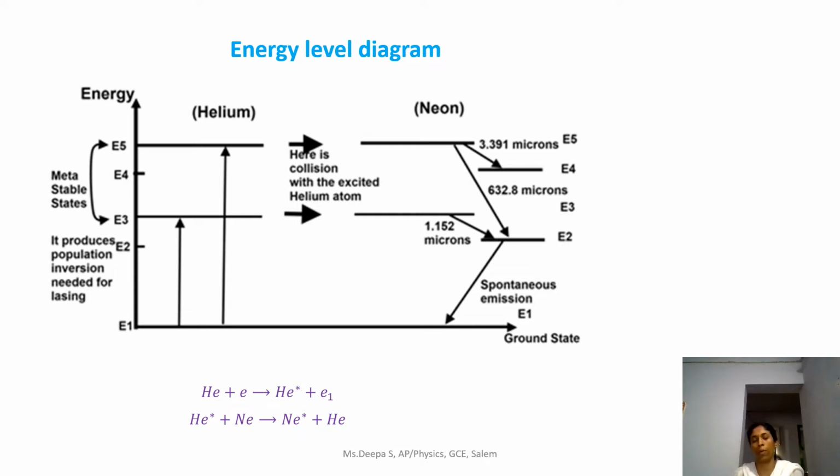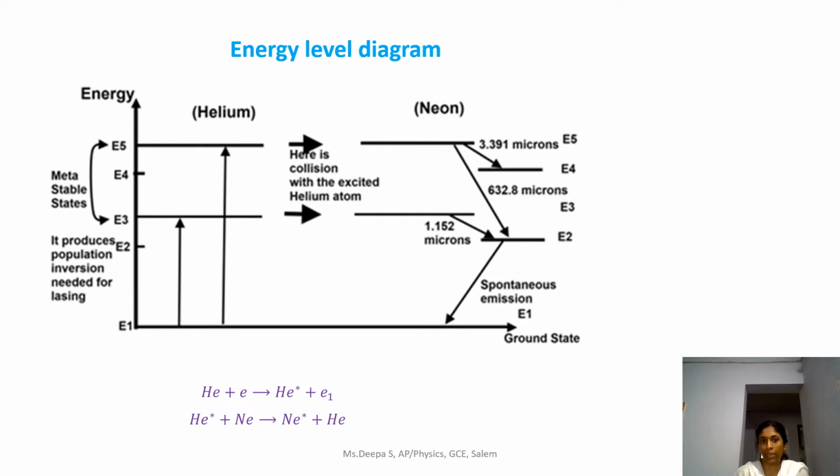That is the active medium. Initially we apply the external DC power source to the glass tube, which is filled with helium and neon. There are two electrodes, one cathode and the other anode. When we apply the power supply, the electrons are accelerated at high speed.